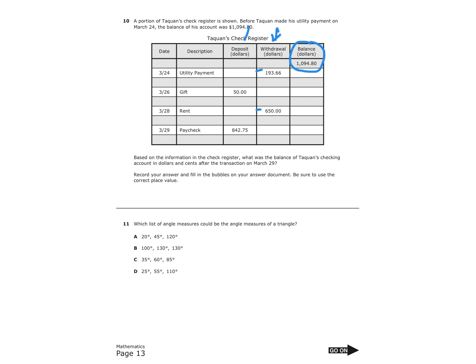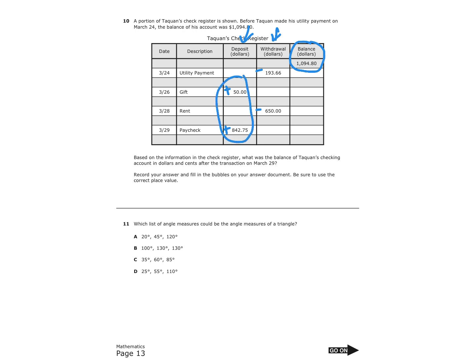And these are your deposits. So these are going to add 50 and you're going to add $842.75 for his paycheck. So he has a gift of $50 and he has a paycheck of $842.75 and that's added to the total. And so you're going to subtract $193.66 and you're going to subtract $650. One thing we could do is we could add these amounts right here.